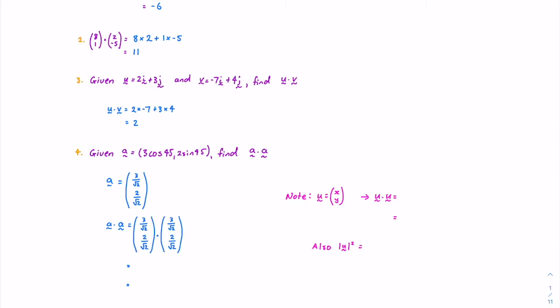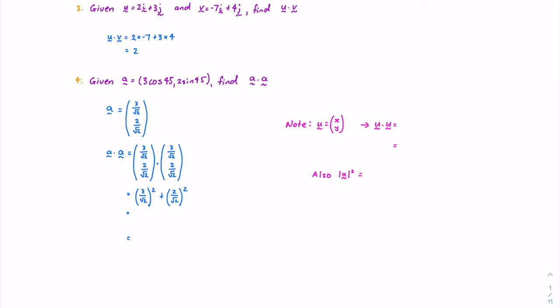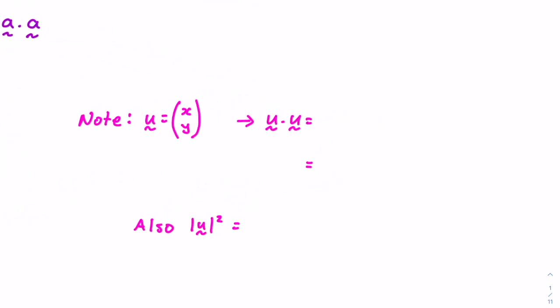So if we multiply that vector by itself, finding the dot product of A with A, it's like squaring. So when you multiply the top, you're squaring the top. You multiply the bottom, you're squaring the bottom. Square them, add them, 9 on 2 plus 4 on 2, which is 13 on 2. So we get this interesting thing happening here. If u is the vector xy, then u dot product with u is xy times xy, so x times x and y times y added together.